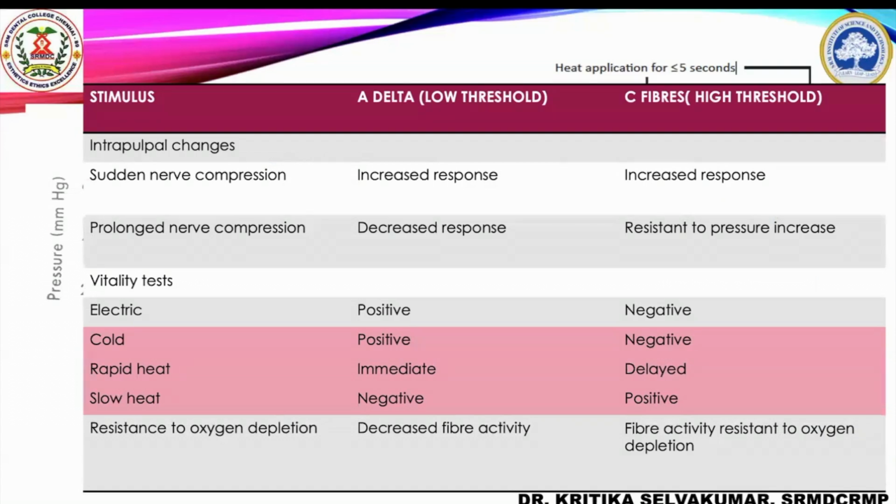There is an immediate response with the A delta fibers which are of low threshold and are myelinated. Whereas on the application of slow heat, there is a negative or delayed response with cold and rapid heat, whereas in slow heat there is a positive response and activation of the C fibers which have a high pain threshold, as well as there is unmyelination of these C fibers.